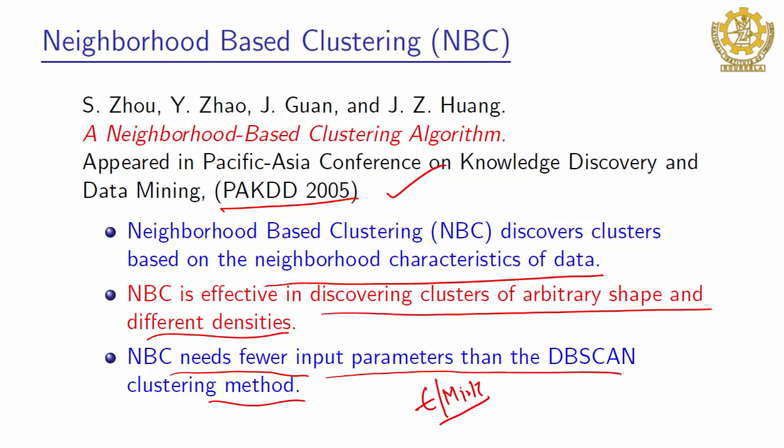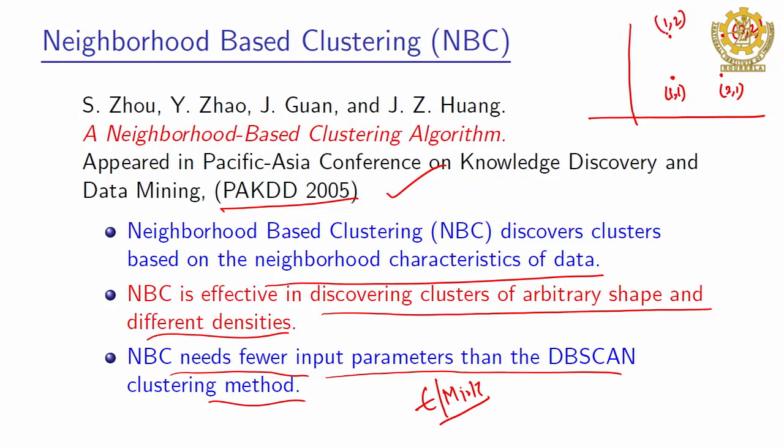Now, we will see how DBSCAN works. Before that, we will show how DBSCAN works in some scenario, and then we will see how NBC works. Let us say we have an example with 4 points. This is one point, (1,1), this is (2,1), this is (2,2), and this is (1,2).